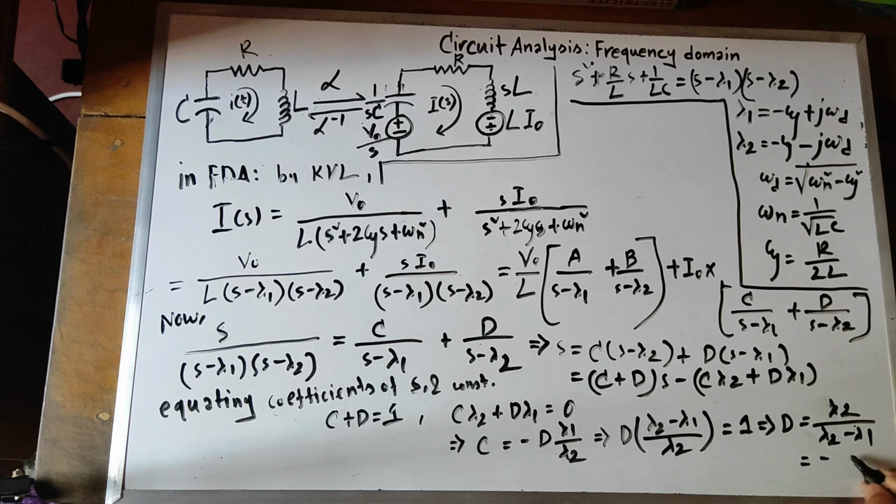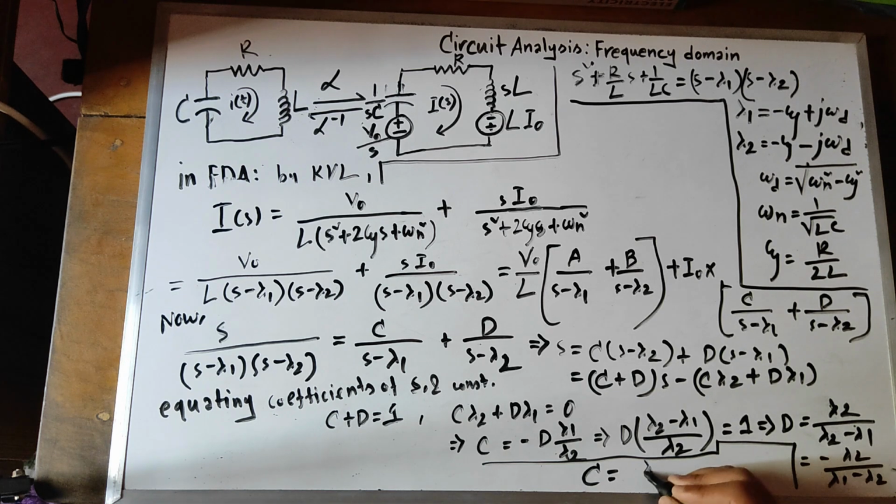We can also write this as minus lambda 2 by (lambda 1 minus lambda 2), and from this we can find C also. C will be minus D, so lambda 1 by (lambda 1 minus lambda 2).